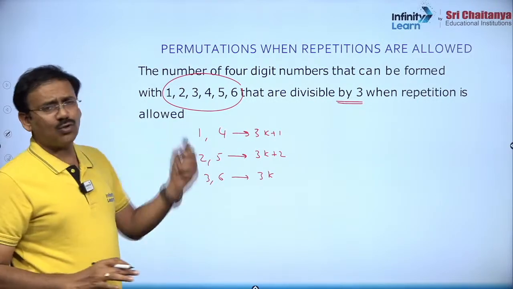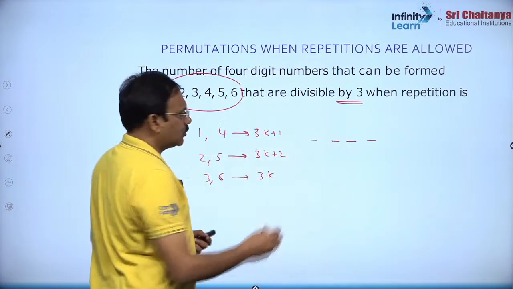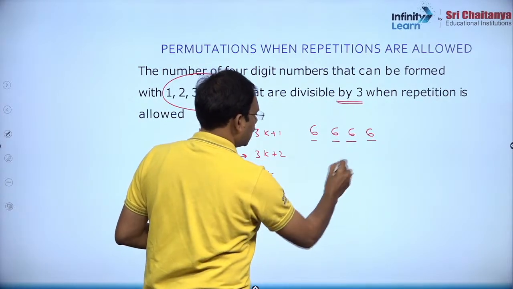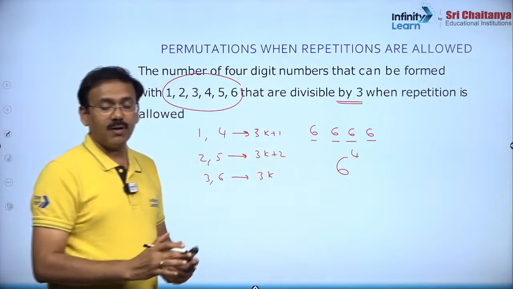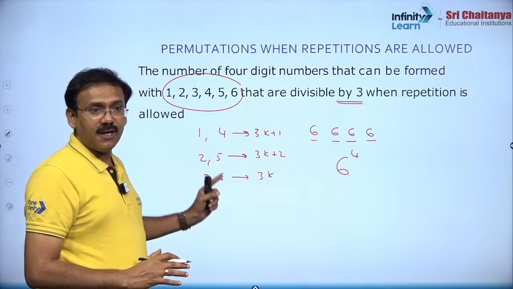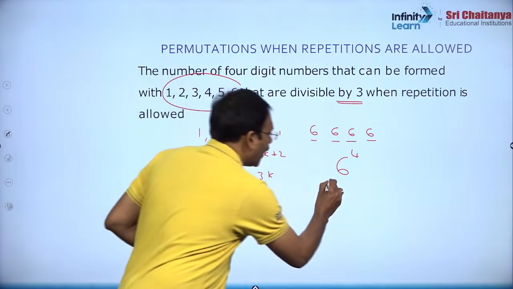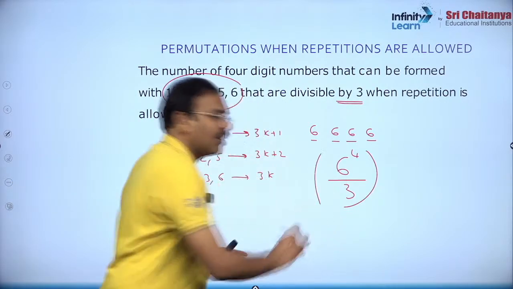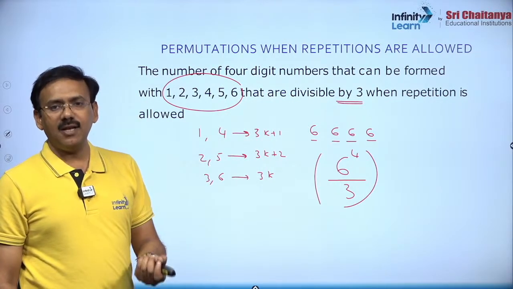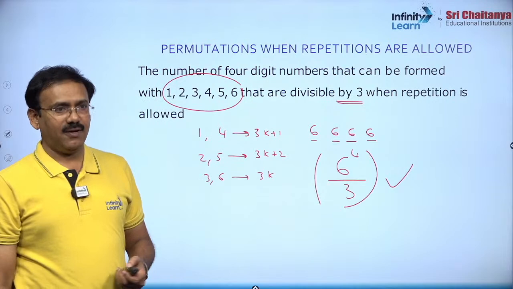Take the total possible 4-digit numbers with these: 6 ways, 6 ways, 6 ways, 6 ways, so 6 power 4 will be the total number. Undoubtedly, you are getting equal possibilities for each kind. Out of these, 1/3 will be multiples of 3, 1/3 will be 3k plus 1 type, and 1/3 will be 3k plus 2 type. So the answer is 6 power 4 by 3.